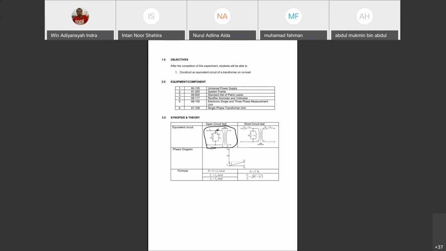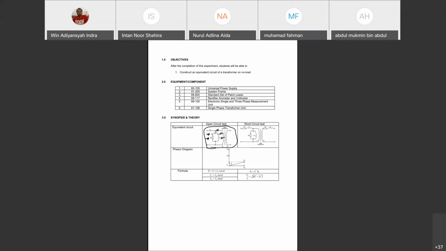You get it from the experiment, right? I0, and the value for IC and IM you have calculated before. RC you have also measured and calculated, and XM. That's all. Put in a number.